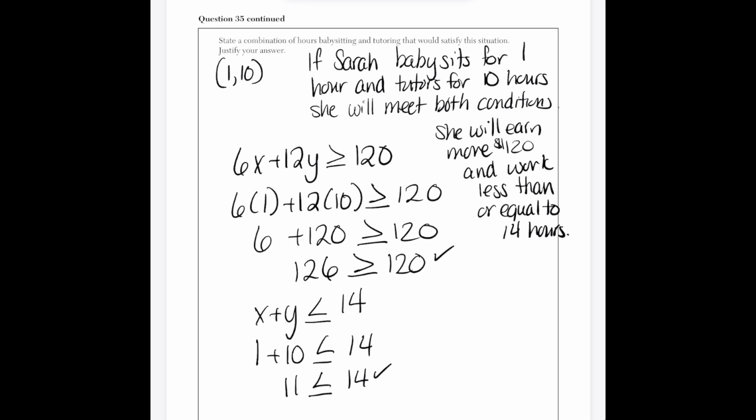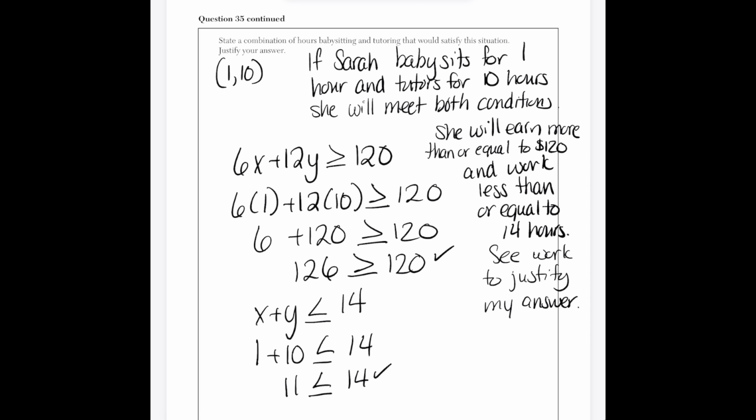She will earn, so that's the only thing I want to change here, more than or equal to $120 and work less than 14 hours, to justify my answer. And done. So this is everything here for my 6 points.